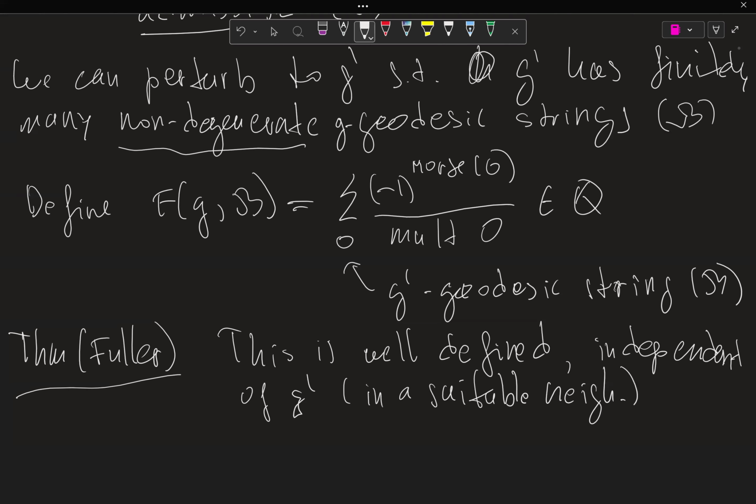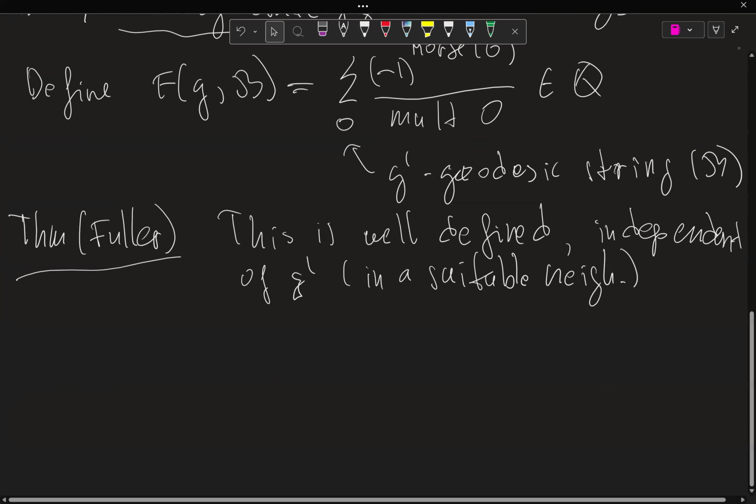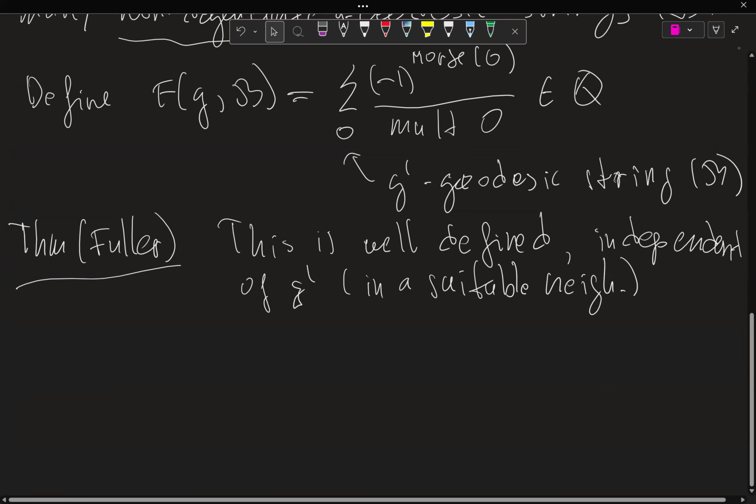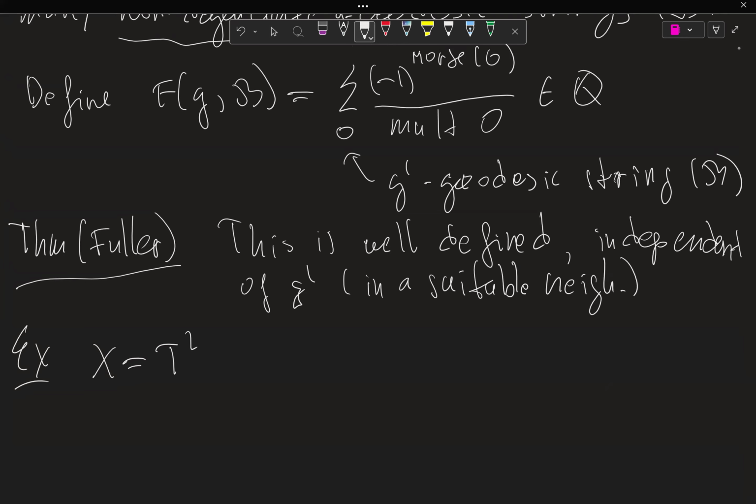Let me give an example. X will be the torus, and the metric is going to look something like this. It's not quite the usual metric, because this is shorter than that.